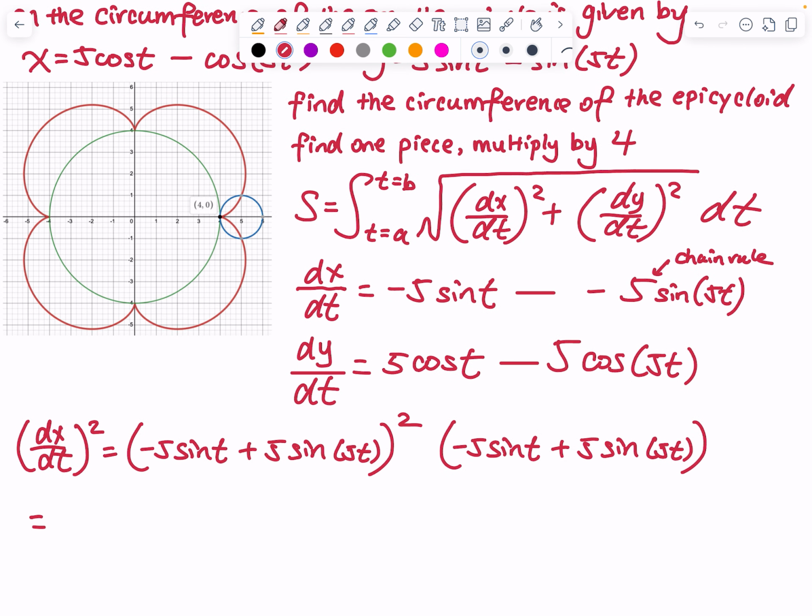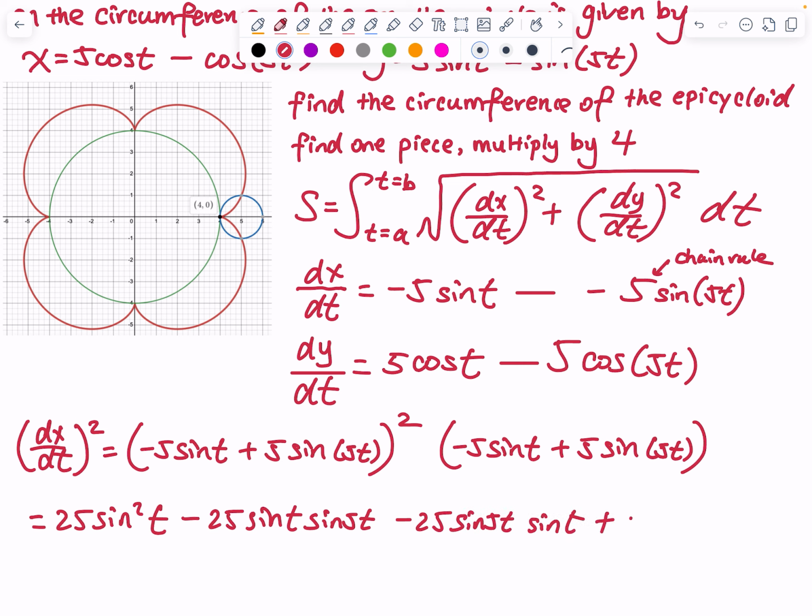So that is equal to 25 sine squared of t, then negative 25 sine t sine 5t, and then negative 25 sine 5t sine t, and then 25 sine squared 5t.